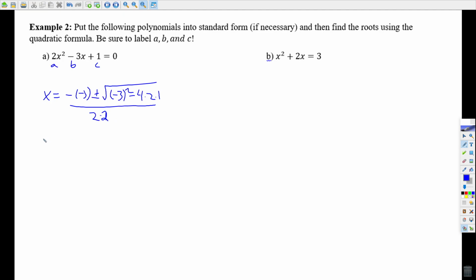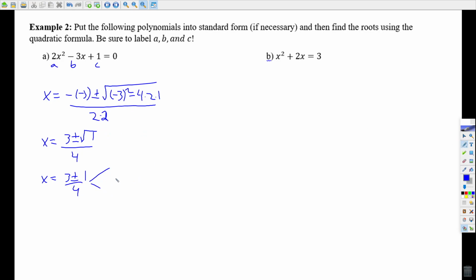Okay. So I'm going to simplify some of this now. We have x equals 3 plus or minus. Let's see what the square root inside here is. That would be 9 minus 4 times 2, which is 8. So it's 1. The bottom is 2 times 2 or 4. Okay. X equals 3 plus or minus the square root of 1, which is 1, over 4.